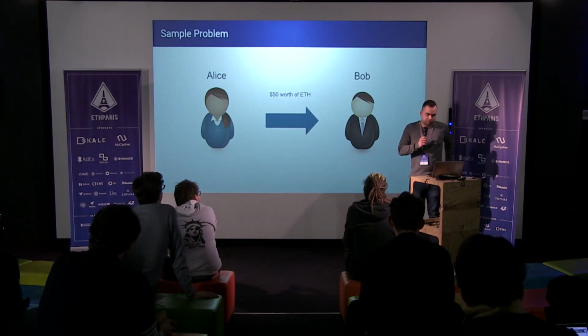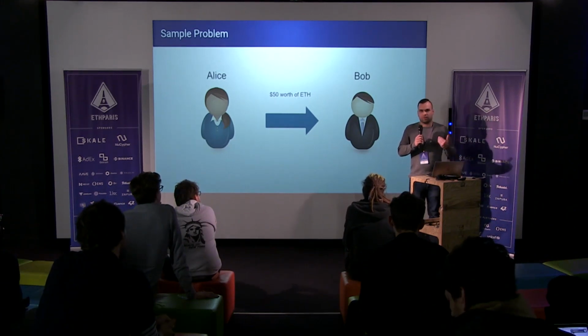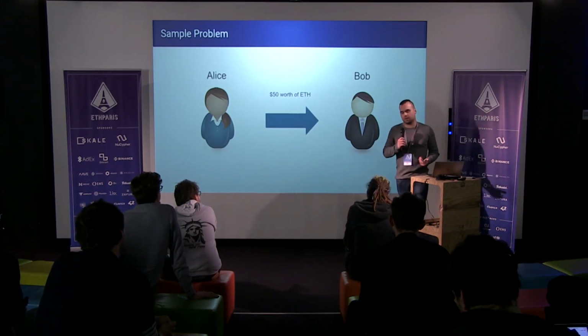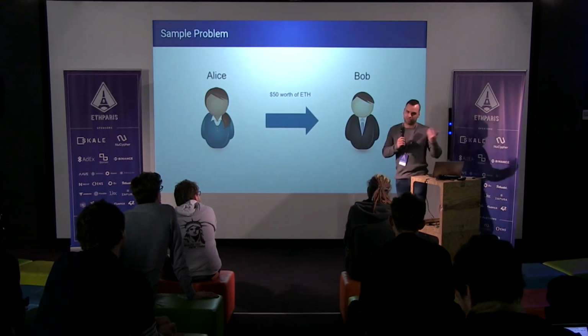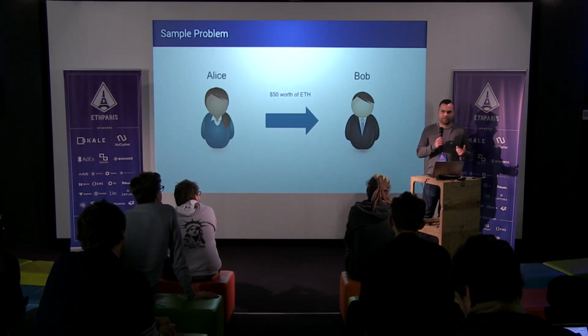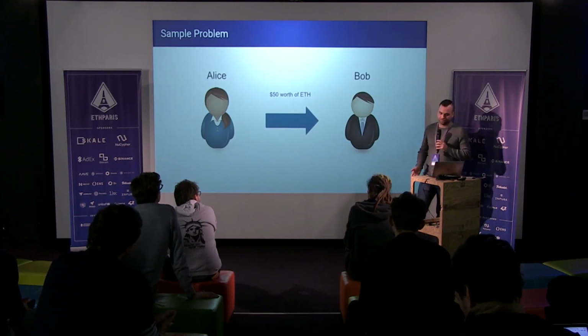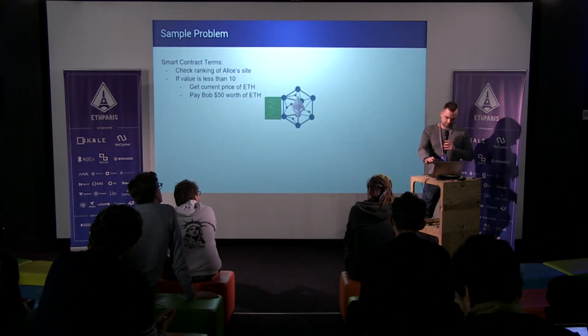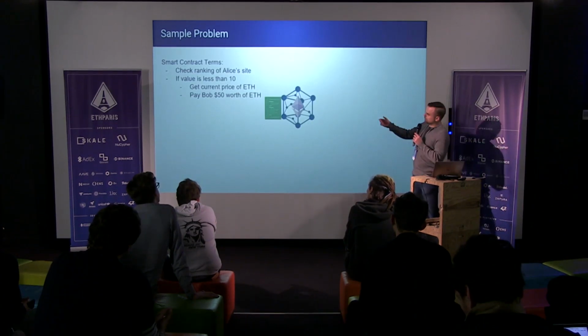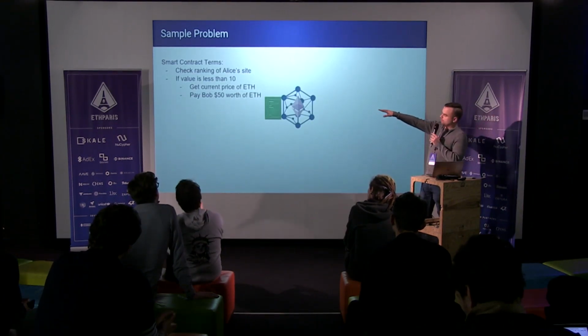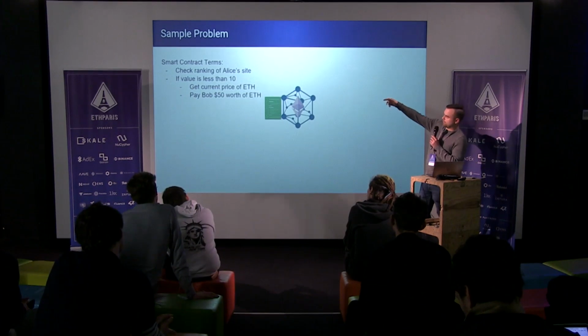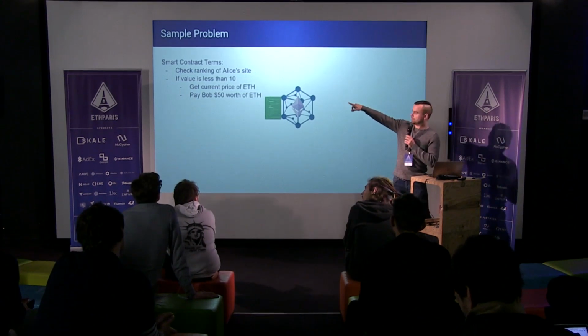If you think about that practically, you'd need to get the price of Ethereum. You need to get the ranking of that website, where it is on Google, by using an API. So the criteria and the terms of the contract are basically: check the ranking of Alice's site.